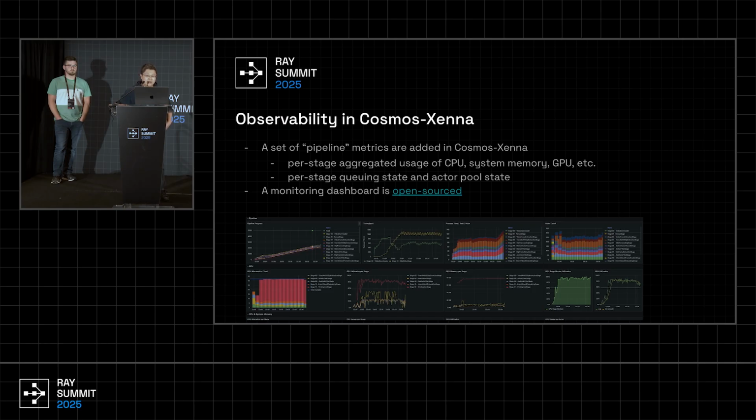Here is a snapshot of a fraction of the dashboard we are able to populate. This is automatic. When you run stuff with Cosmos-Xenna, we ship an open source dashboard that will get automatically populated.